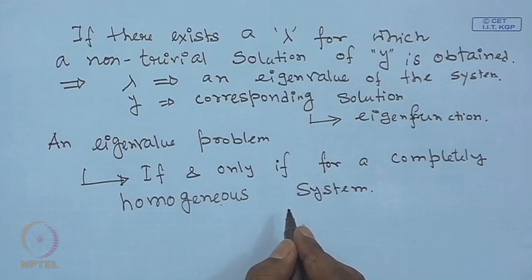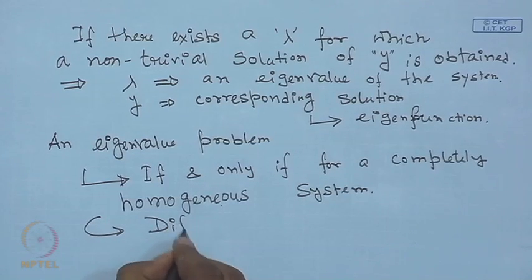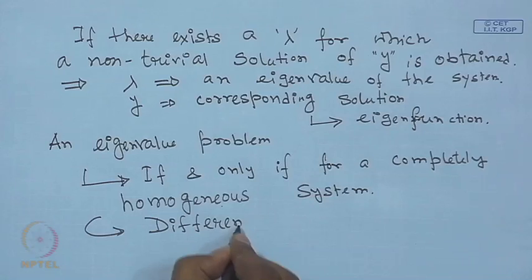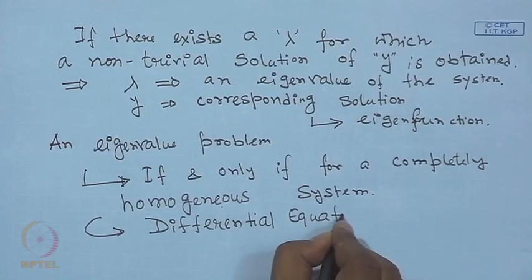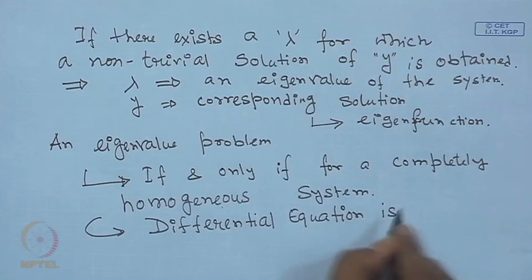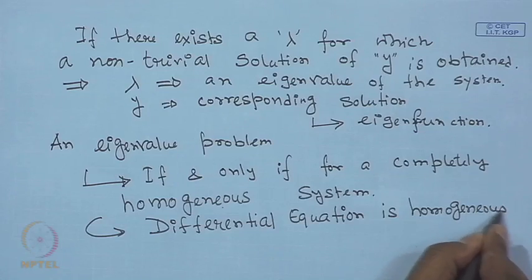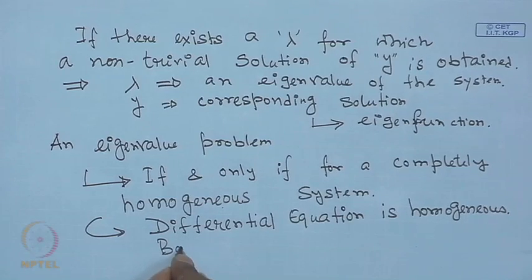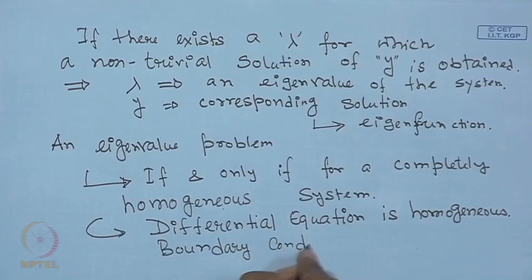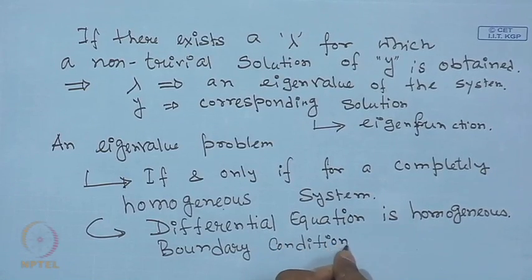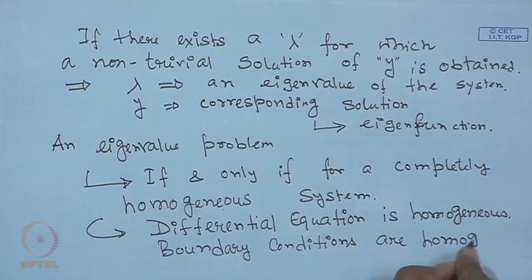By a homogeneous system, we mean that the differential equation is homogeneous and the boundary conditions are also homogeneous.